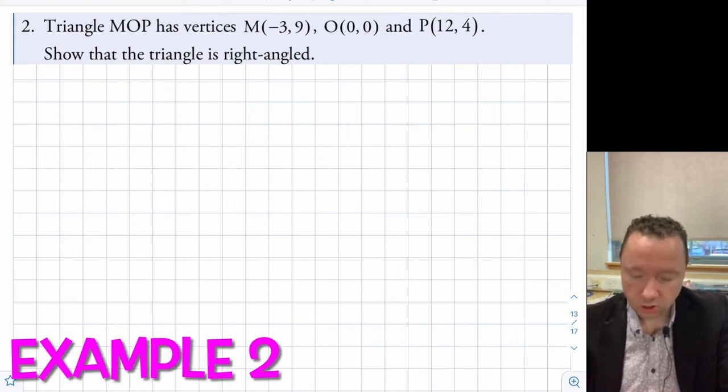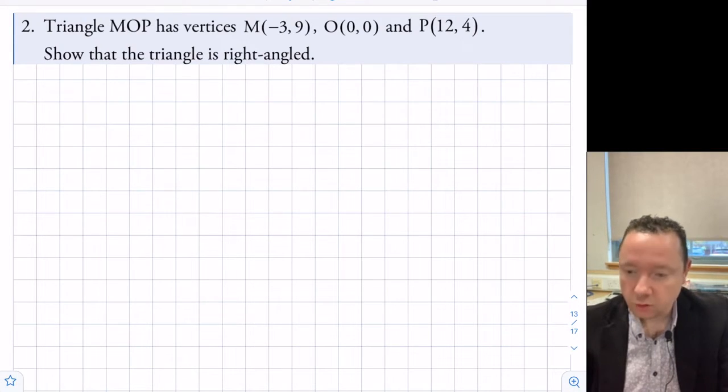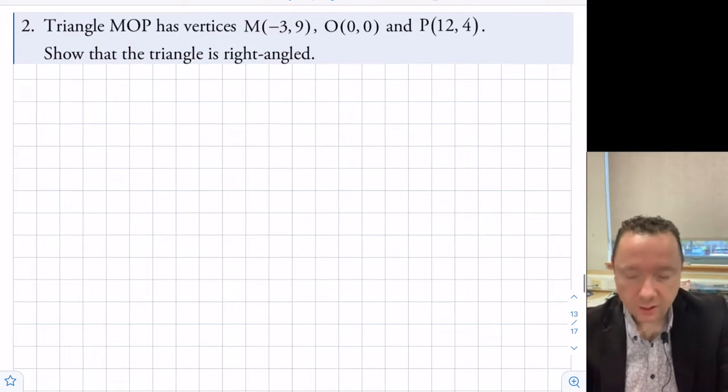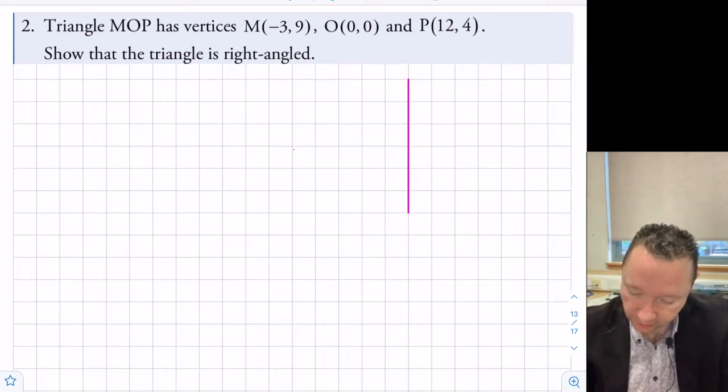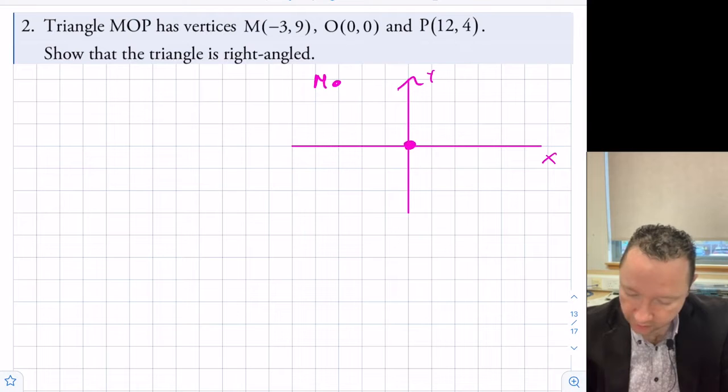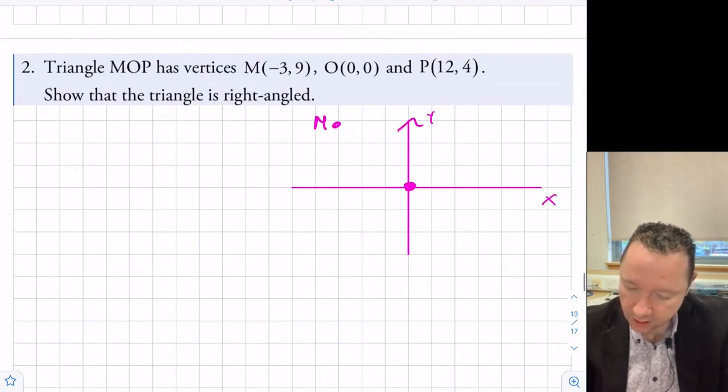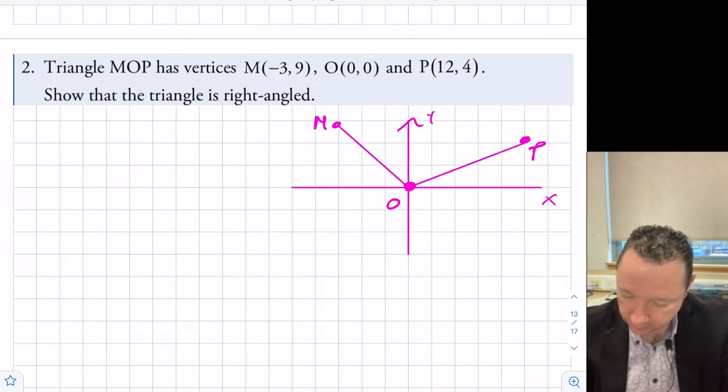Okay, question 2 says triangle MOP has vertices (-3, 9), (0, 0), and (12, 4). Show that the triangle is right angled. So we could draw a kind of picture of this just as a rough sketch at the side, nowhere near accurate, but (-3, 9) would be up here somewhere, so let's call that M. There's (0, 0), and 12 along and up 4, maybe somewhere around about here, so there's your O and there's your P. We can see here you end up with a triangle.